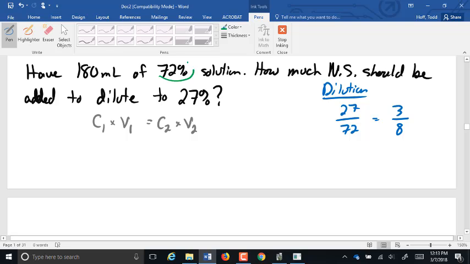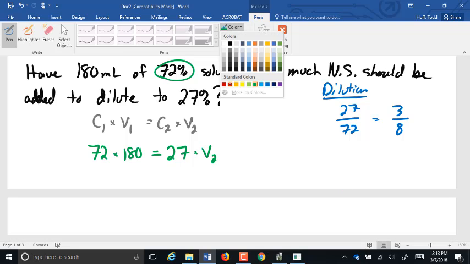Our original concentration is 72% times our original volume of 180 milliliters equals, we want our new concentration to be 27%, times whatever our new volume is.